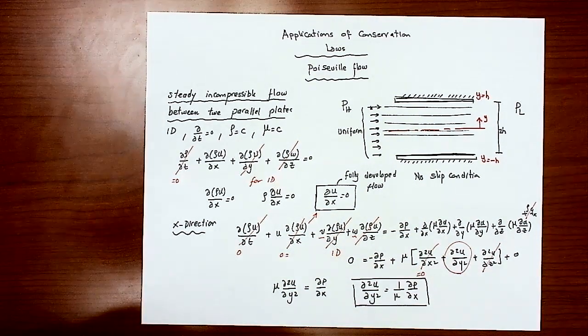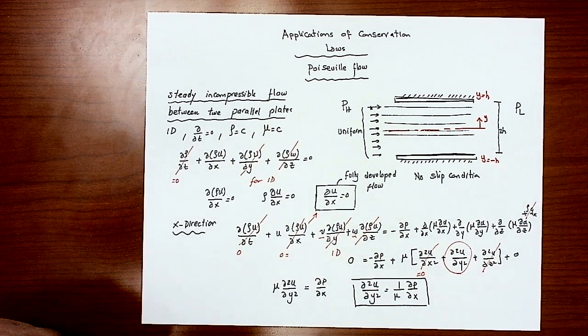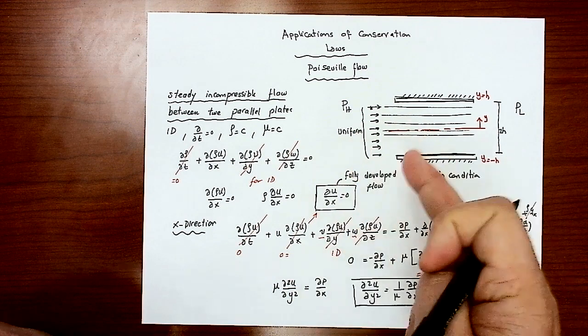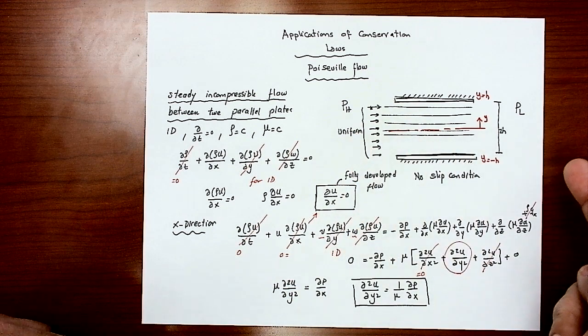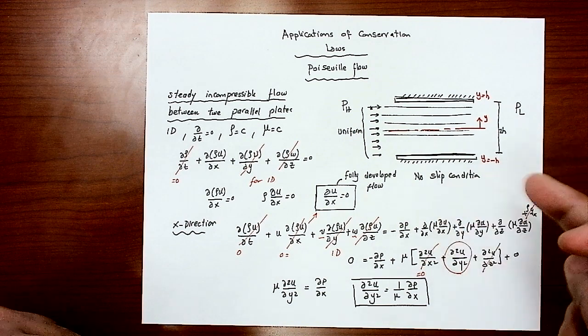You recall what we got from Couette flow. The right-hand side was 0 because the pressure gradient in the x direction was 0, because there was no external driving force. There was no delta p to cause that pressure drop. And when I say partial p by partial x, it is the change of the pressure as you go along the x direction, which is mainly the pressure decrease in that direction, mainly by friction.